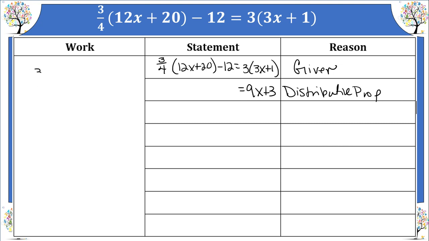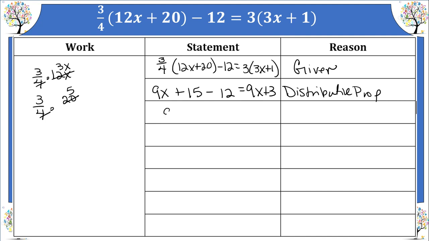On the left side, I'm going to work this out. 3/4 times 12x. 4 can go into 12x 3x times, so that gives us 9x, plus we have 3/4 times 20. 4 divides into 20, so it's 3 times 5 is 15 minus 12.